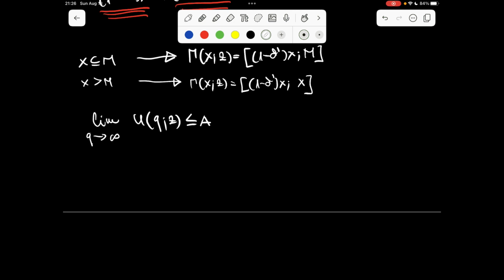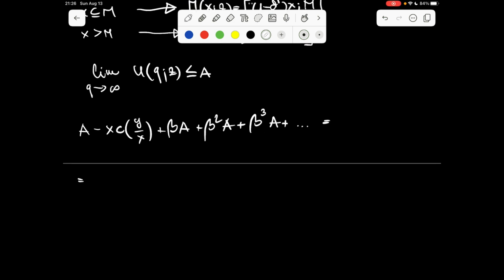By using this upper bound, we can calculate an upper bound for the subproblem, the supremum. This is an infinite sum, so it can be simply simplified.